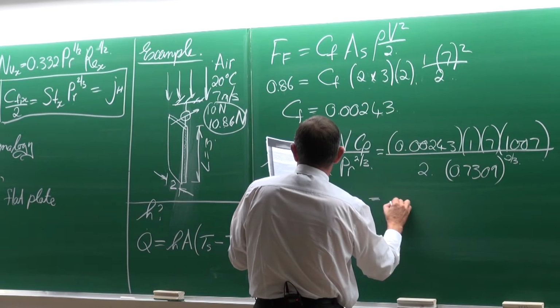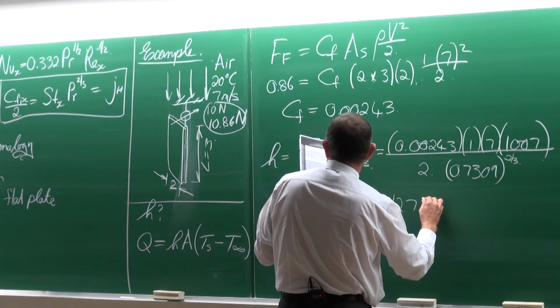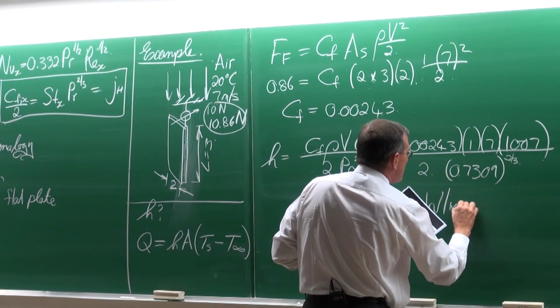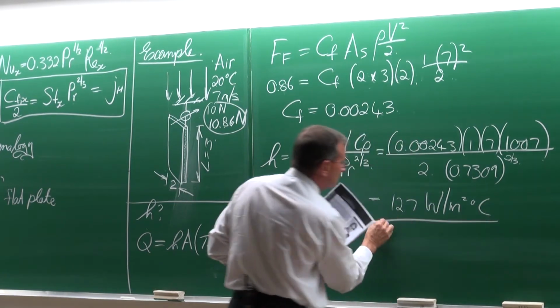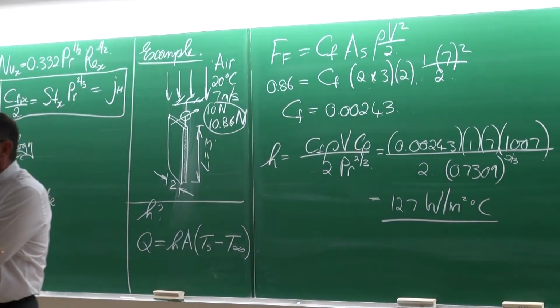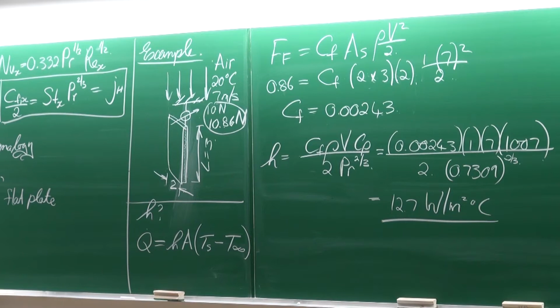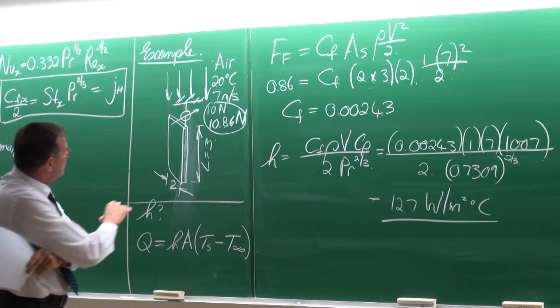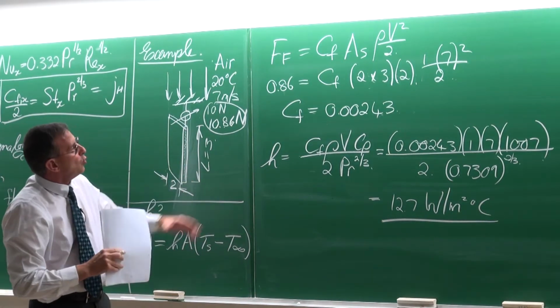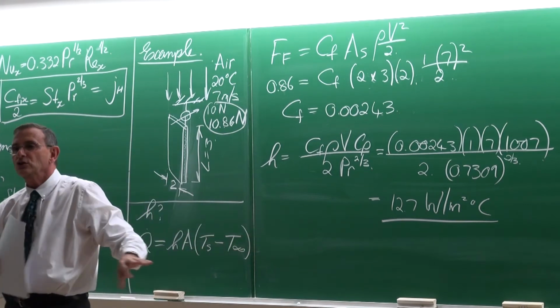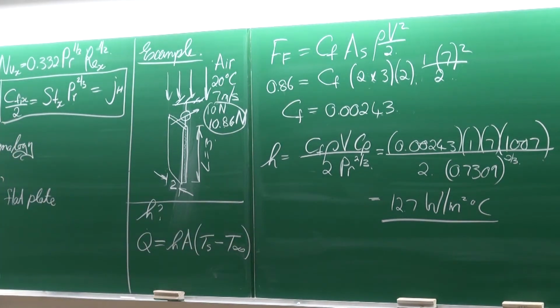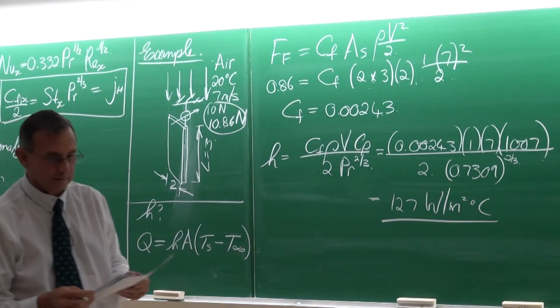And that would give us a heat transfer coefficient of 12.7 watts per square meter degrees Celsius. So, without taking a single temperature measurement or determining the heat transfer rate, you can determine the heat transfer coefficient, what it will be.